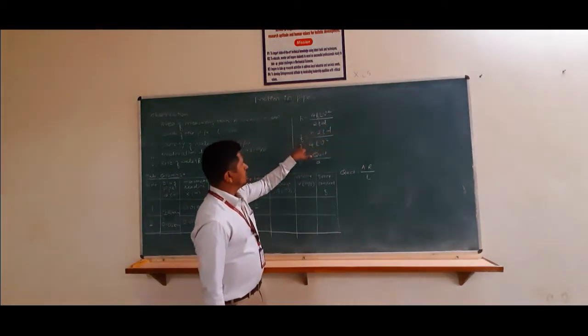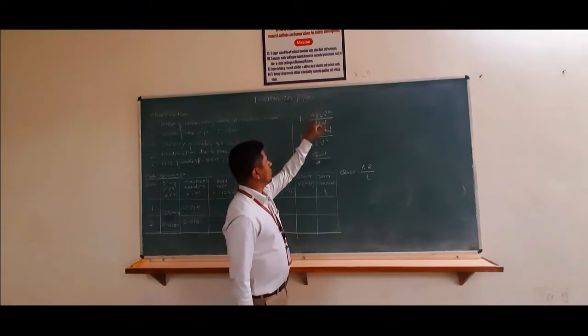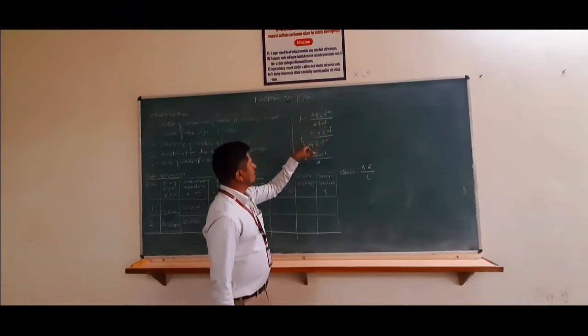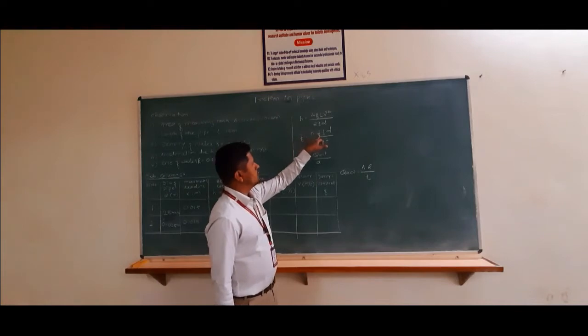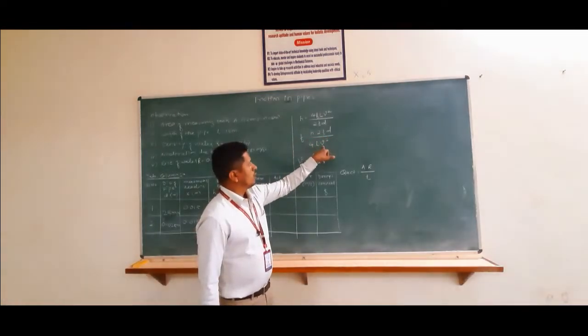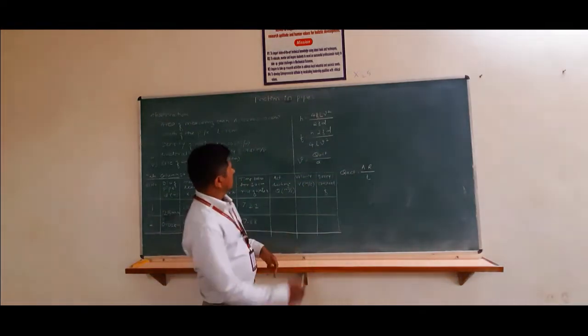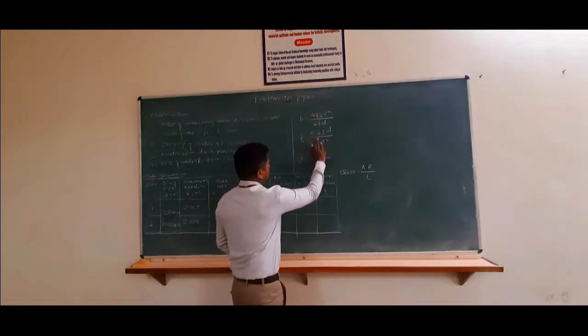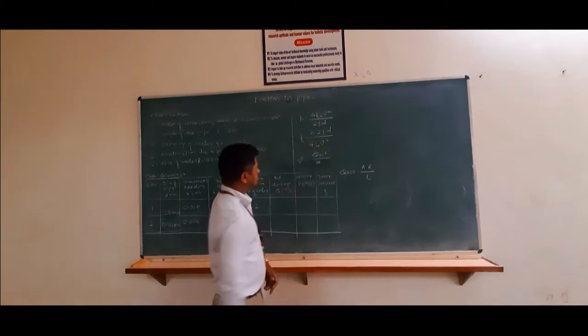So I'll be calculating the f value from the formula: f is equal to h into 2gd divided by 4LV square. Okay, the L is nothing but the length of the pipe, so you take this capital L.